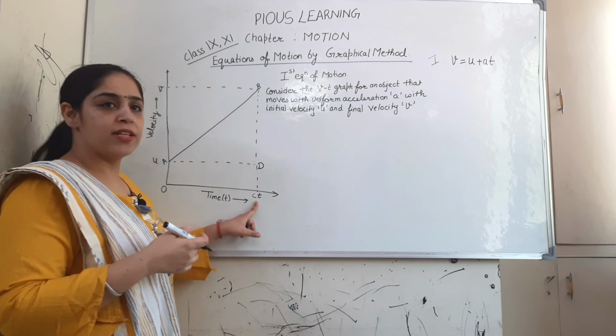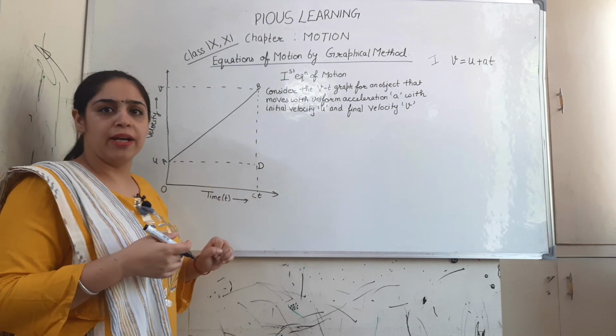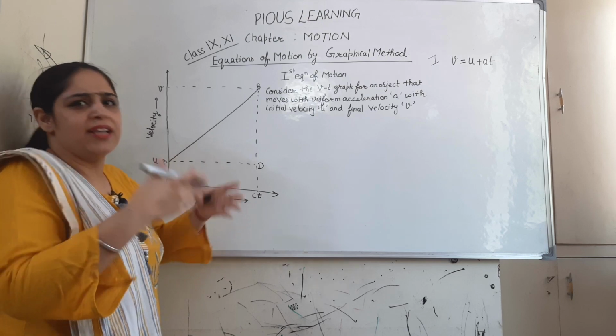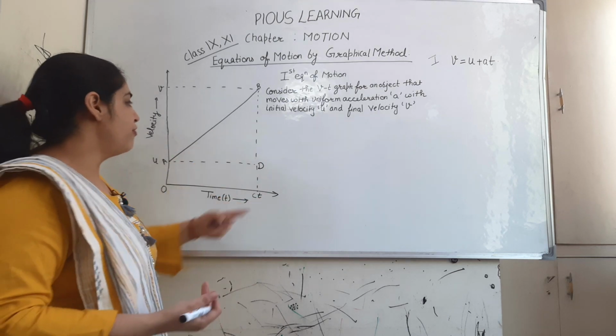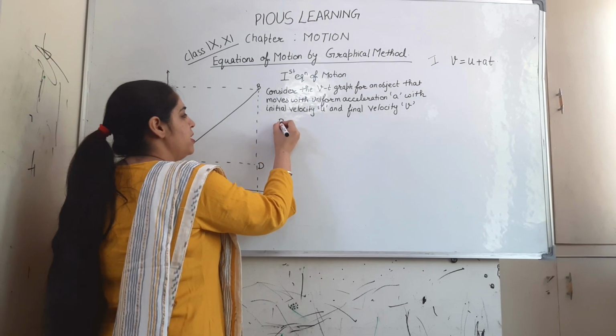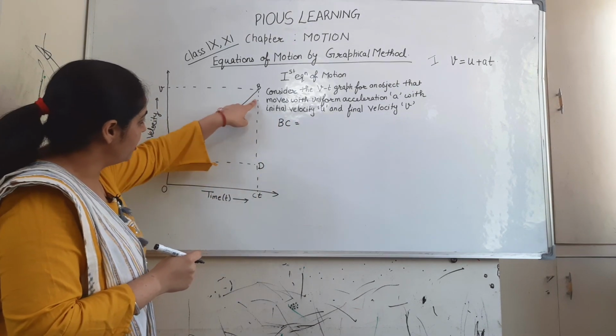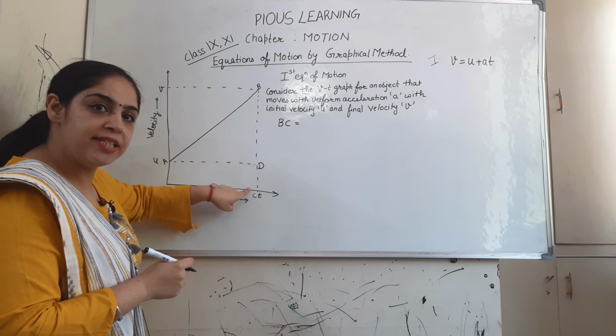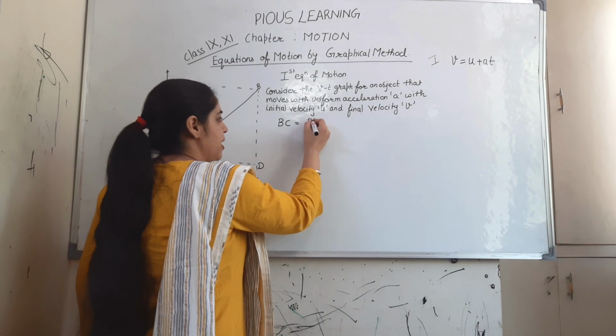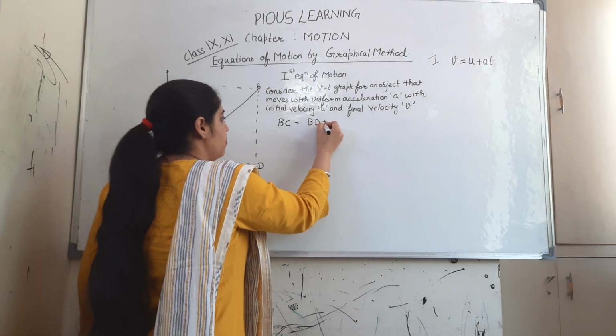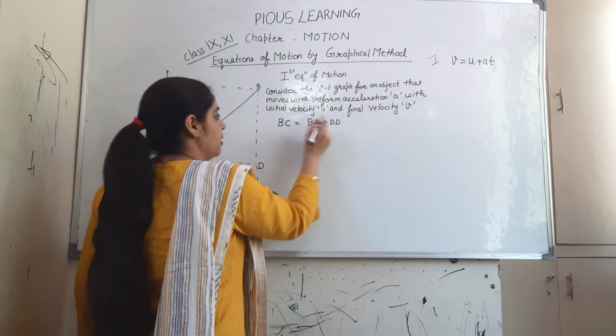So this point is marked as C and this point is marked as D. I just changed that, but it doesn't make a difference actually. So if I ask you to write down BC, how will you write it? BC could be written as BD plus DC. Yes, it could be written as BD plus DC.